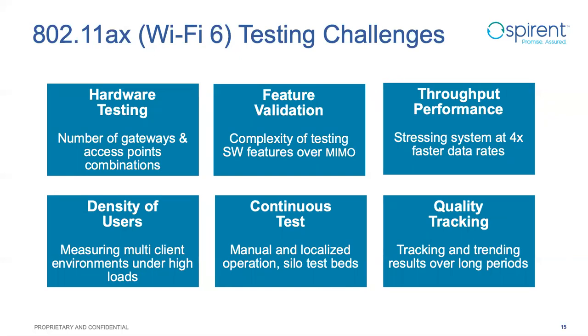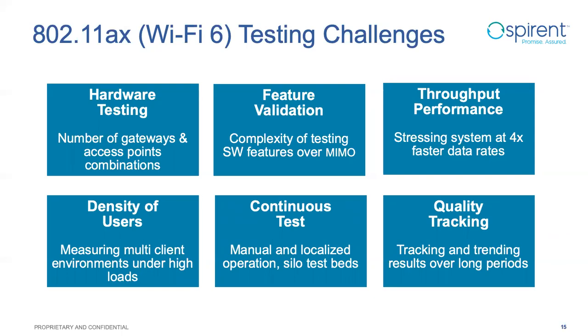Feature validation: we have a complexity of testing, with new features within the 802.11 spec that we have to execute. Throughput and performance: we're stressing larger systems with higher throughputs. Density of users: since one of the deliverables of the AX spec is greater capability for density of users, we need to test against that.